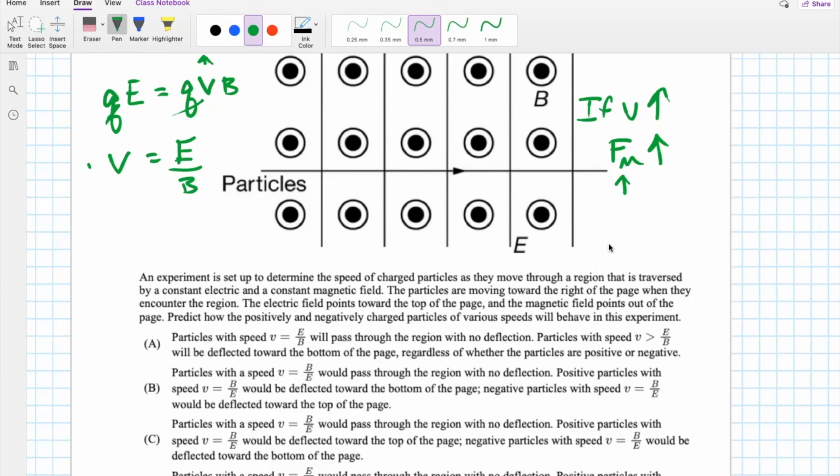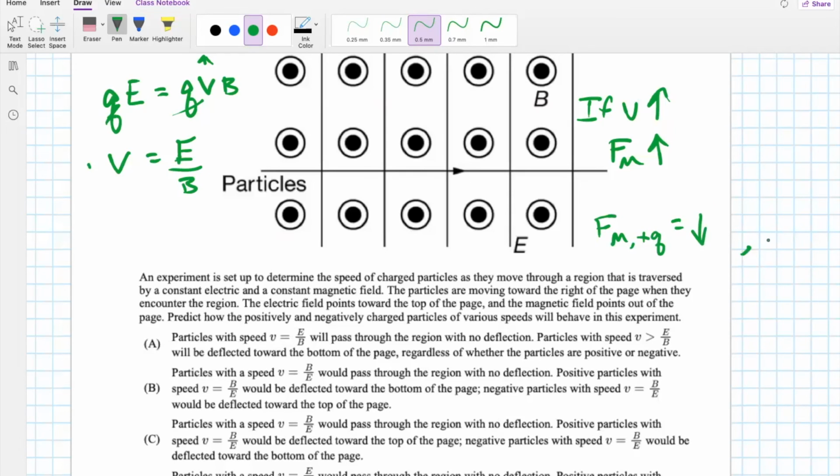So it would be deflected downward. Sorry, these arrows mean increases. So the magnetic force on a positive charge is going to be downward.